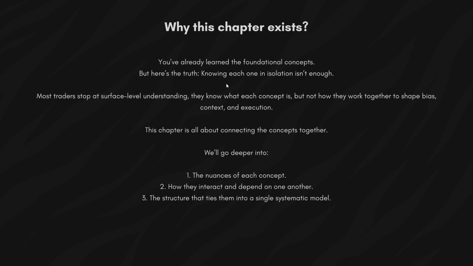Okay, and to fill that gap and to fill that void, I've made this chapter. Okay, this chapter is going to be all about connecting the dots together or connecting the concepts together.